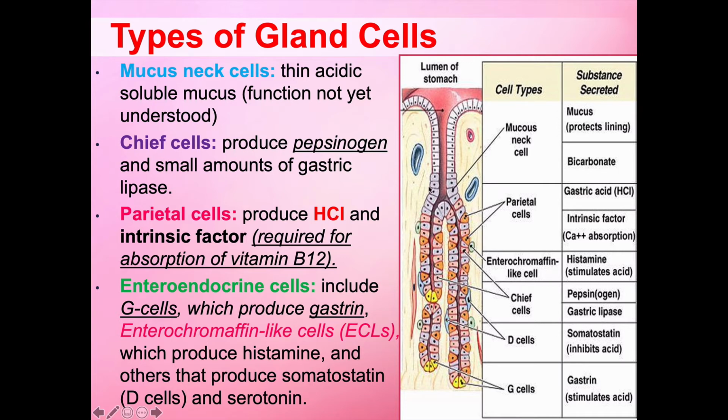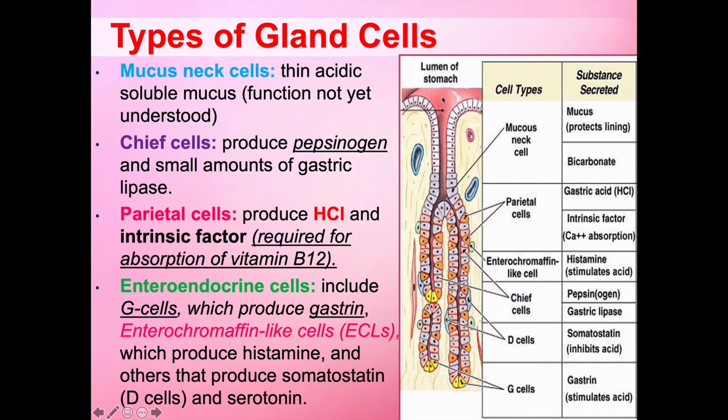How is the hydrochloric acid produced? The hydrogen molecule will be secreted separately, and the chloride molecule will be released separately. When they come to the lumen, the hydrogen and chloride meet and mix and form hydrochloric acid. So in fact the stomach is not directly secreting hydrochloric acid. It is not a chemical factory.